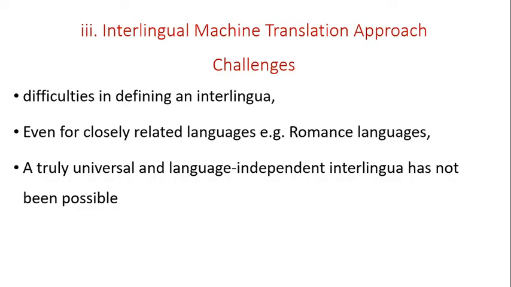So with this, we end our lecture where we have discussed two things: your project and also the machine translation approaches. Today we discussed three subcategories of one major category of machine translation approaches, which is rule-based machine translation.